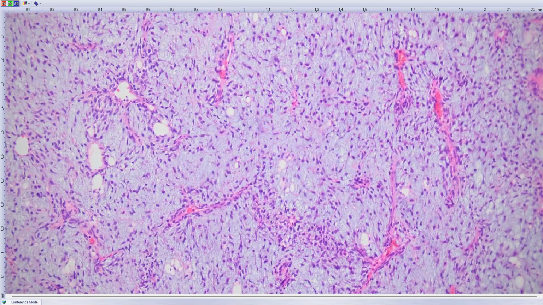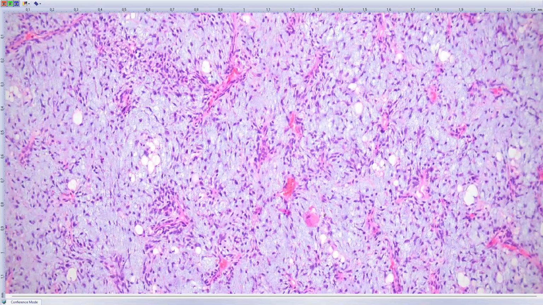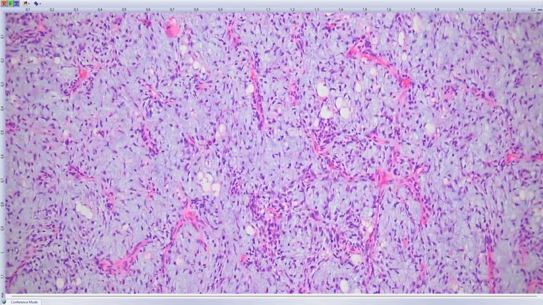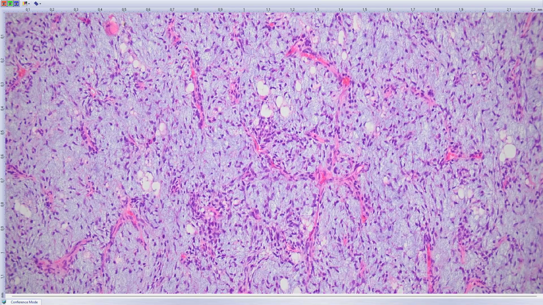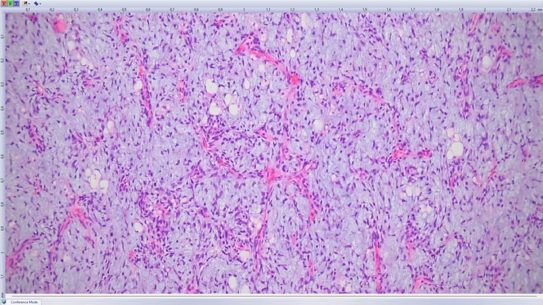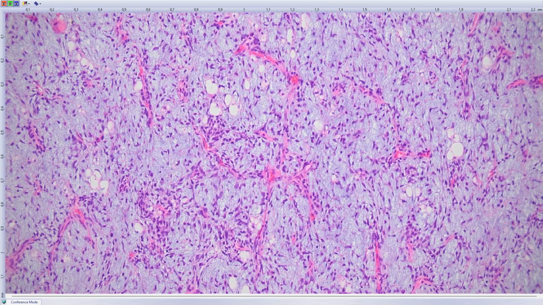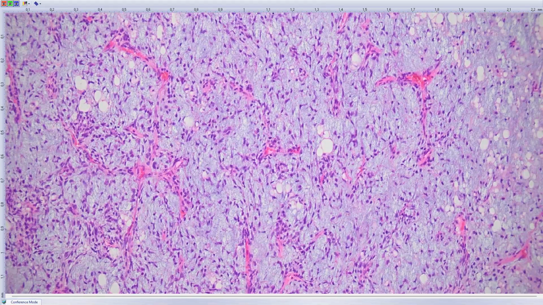Another component you can see are some small adipocytes, maybe with some lipoblasts, but we do not need lipoblasts for a diagnosis of myxoid liposarcoma. But we are in the retroperitoneum, and this is quite strange for the diagnosis.